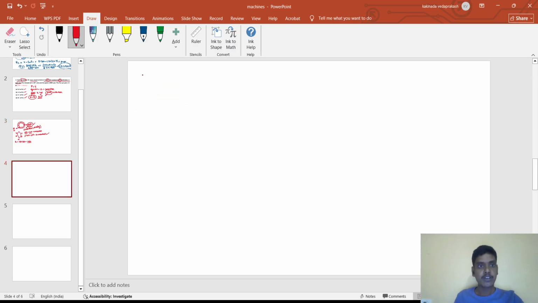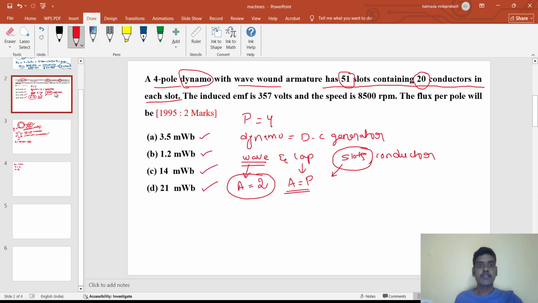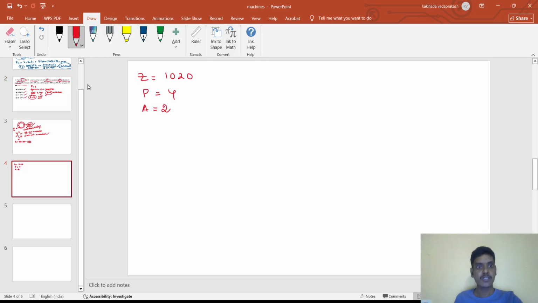So Z is equal to 1020 and P is equal to 4. Wave winding means the number of parallel paths A is equal to 2. Next, the induced EMF is 357 volts. The induced EMF means the voltage generated by the dynamo.